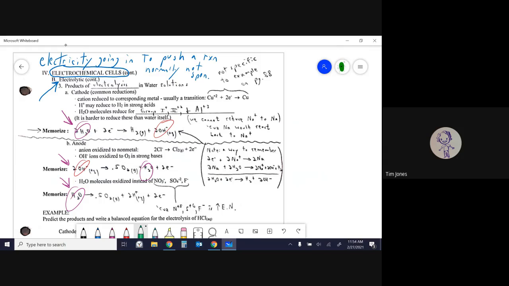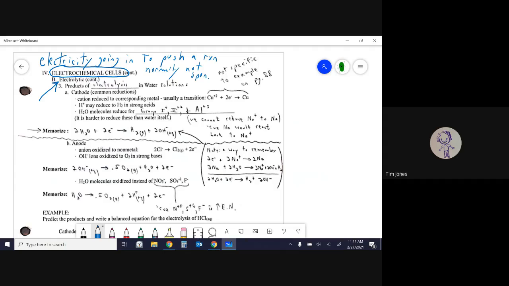Two of them have oxygen. They all have two electrons, which is convenient. So two electrons, two electrons, two electrons. And we've got hydrogen here, hydrogen ion here. So it's so easy to mix these three up, which is why I'm only doing one page on this lesson.